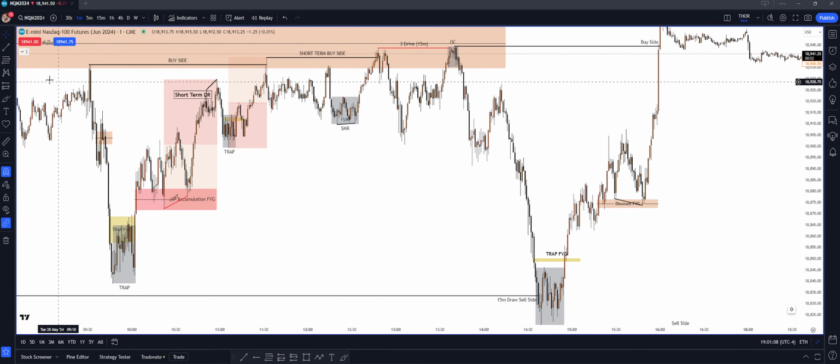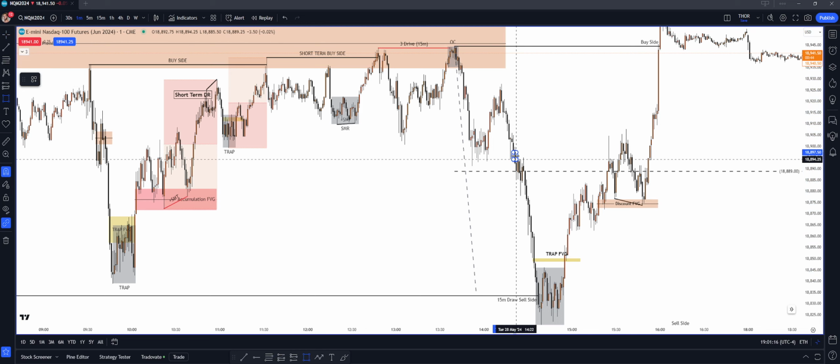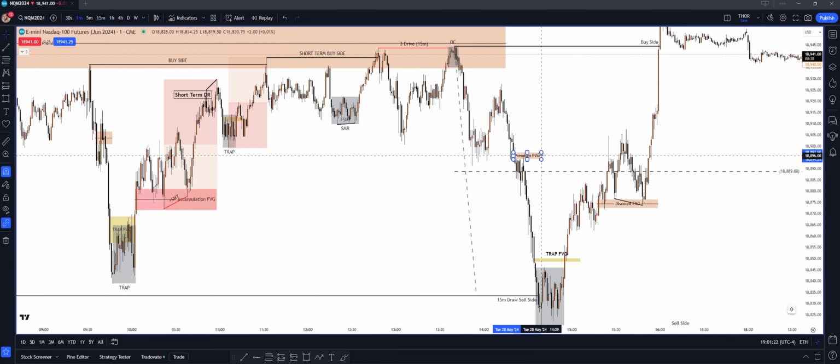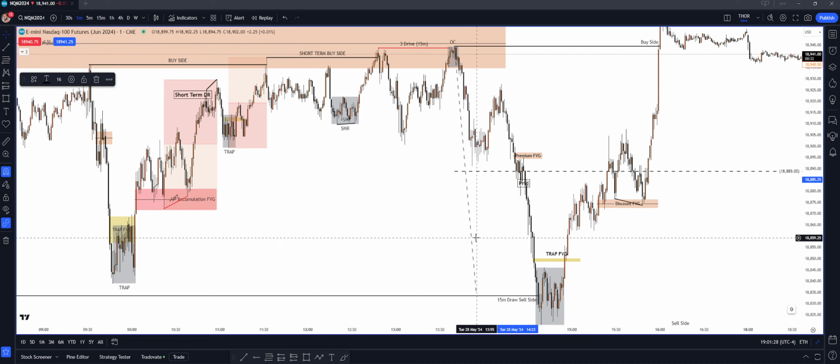So here, I'm going to annotate this delivery too. Premium, fair value gap, and broke below EQ.